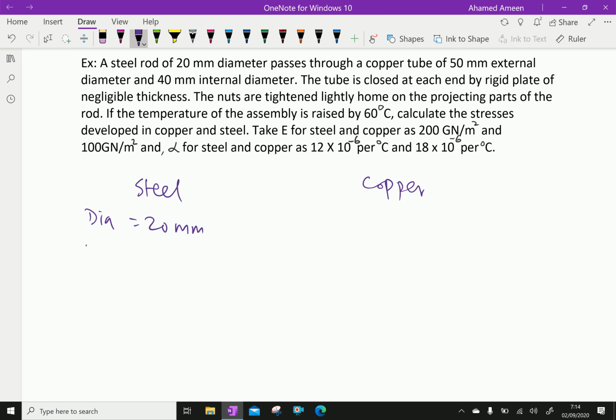Area is equal to pi by 4 times 20 squared, equal to 100 pi.